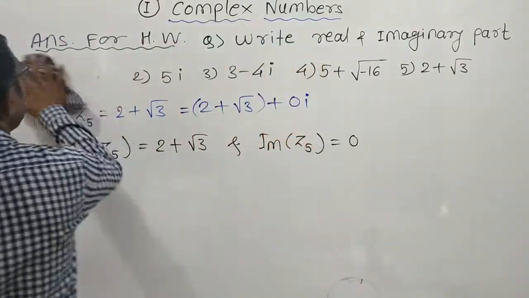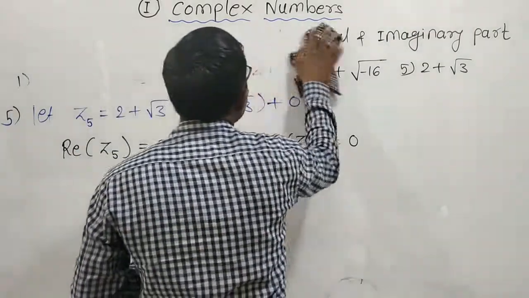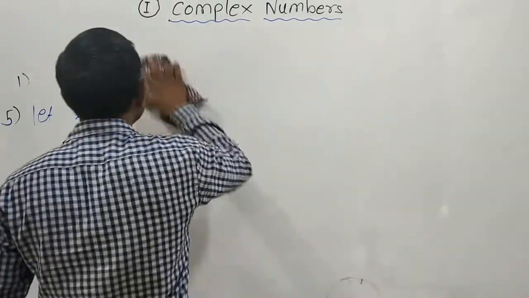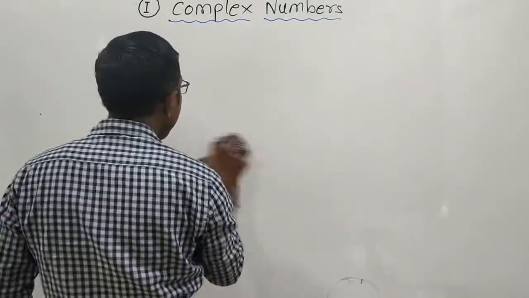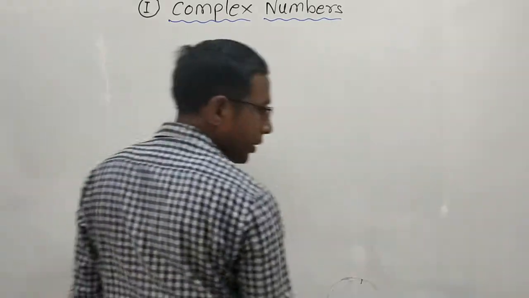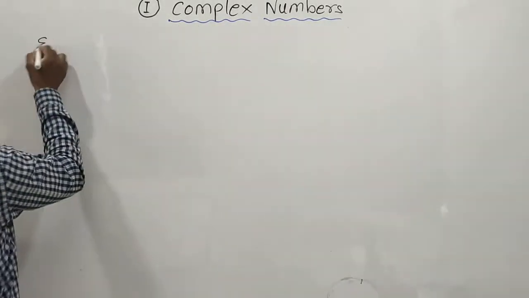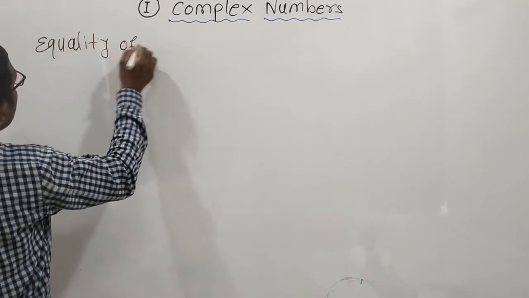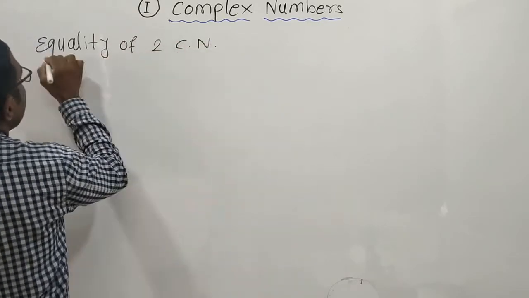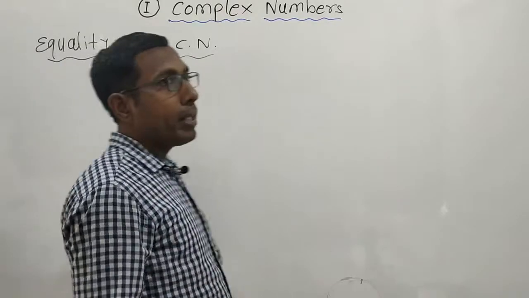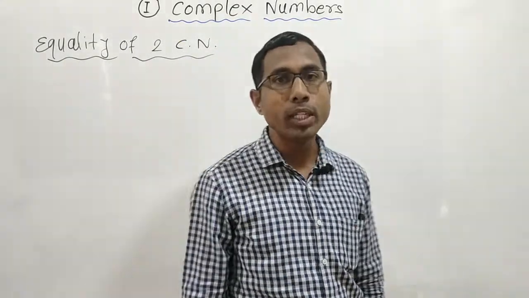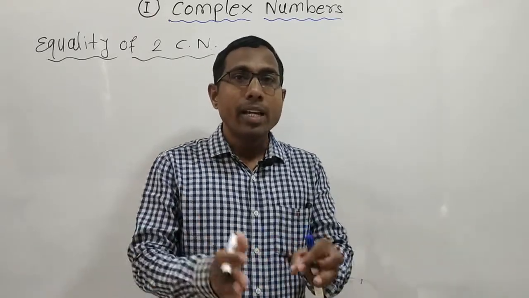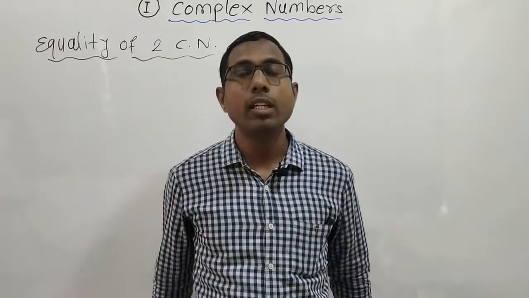Now let's come to the next point. The ongoing part from the previous lecture is the equality of two complex numbers. Two complex numbers Z1 and Z2 are said to be equal if their corresponding real parts are equal and imaginary parts are equal.